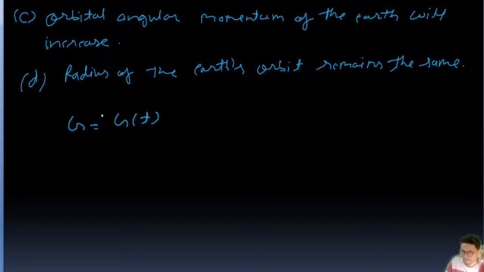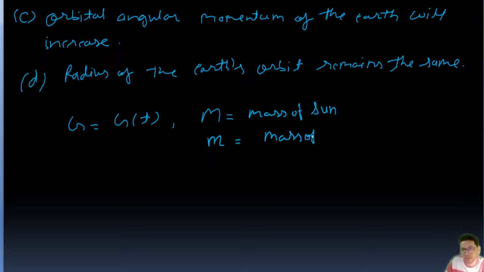Next, let the mass of the sun be capital M, and small m is the mass of the earth.